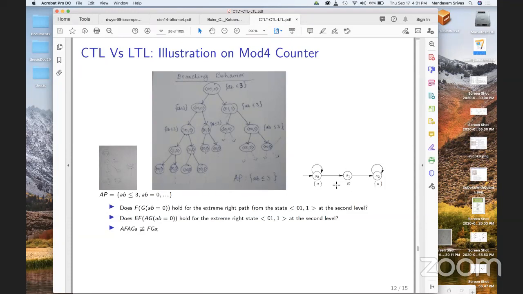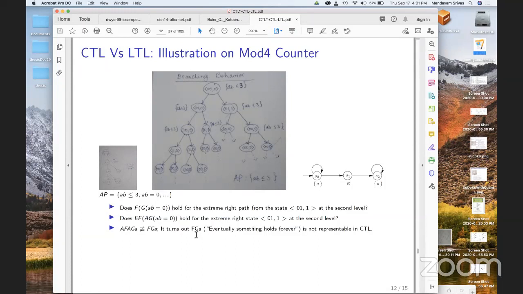Do you see that? The question you're asking in CTL about the subformula is a question on the state, not on the path, and therefore this is one counterexample showing that these two things are not equivalent.